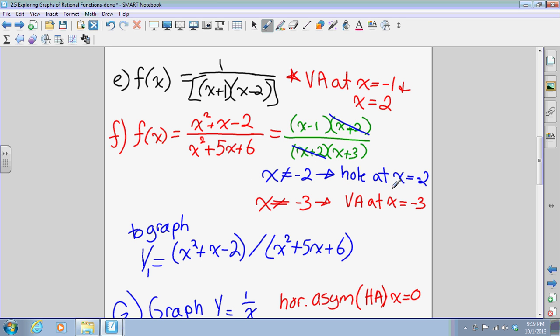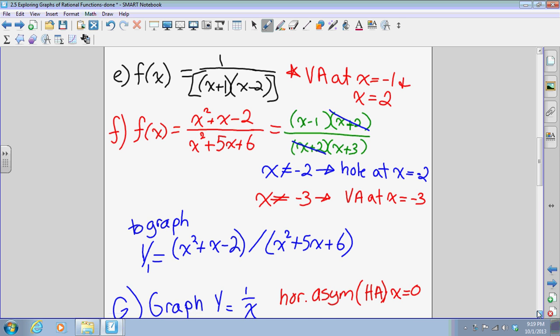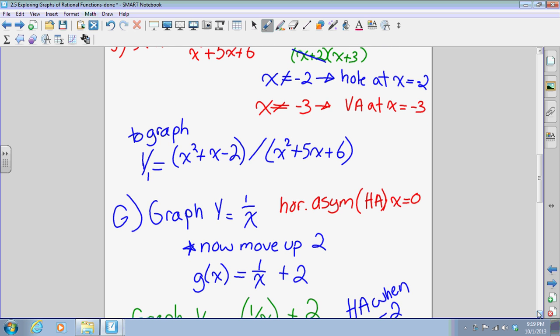So there's a hole at x equals negative 2, and the factor that remains, x plus 3, means that x cannot equal negative 3, which is a vertical asymptote. So again, try graphing that and see what you can come up with. It should show you the hole and the vertical asymptote. Just make sure you put brackets around each expression before your divide sign.